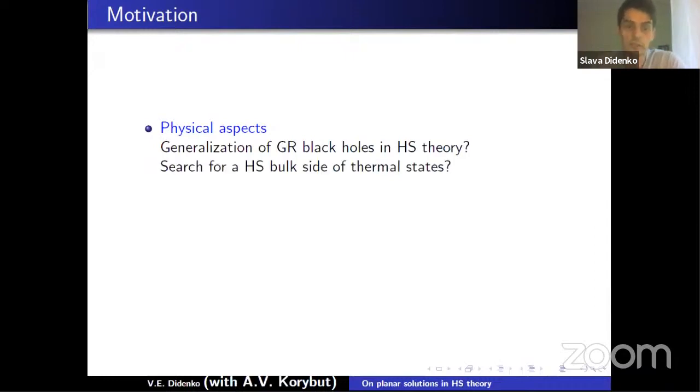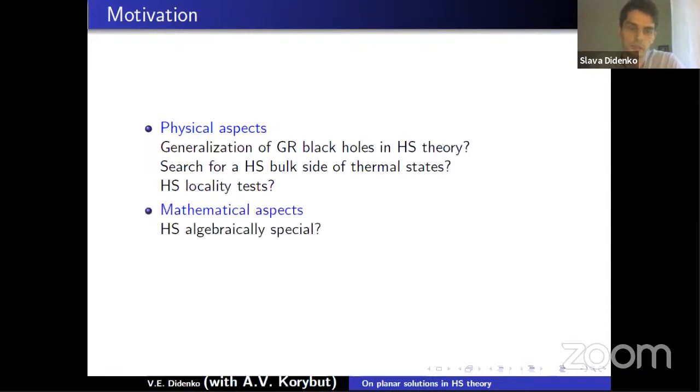And a related thing is that it might as well be some higher spin bulk side for thermal states, like they do in ordinary gravity theories. It can also provide some higher spin locality tests at high orders.